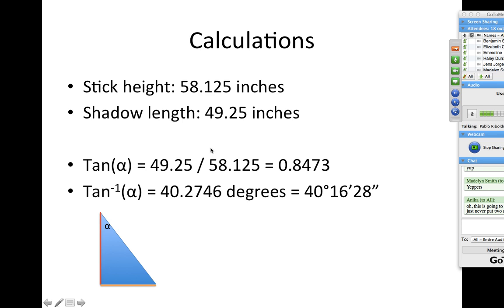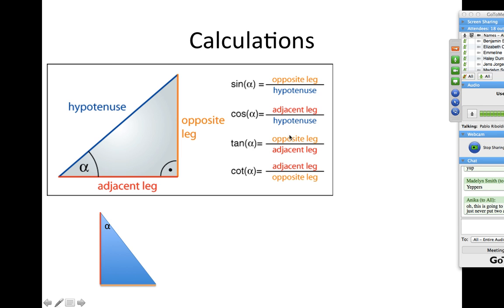The orange, the leg opposite to the angle, over the red, the leg adjacent to the angle, gives me the tangent of the angle alpha.